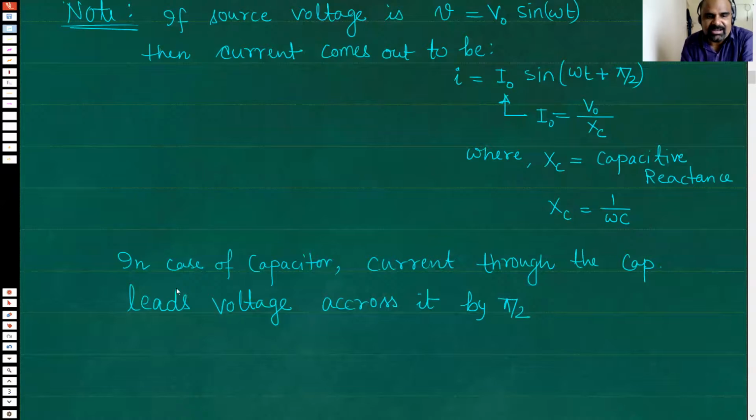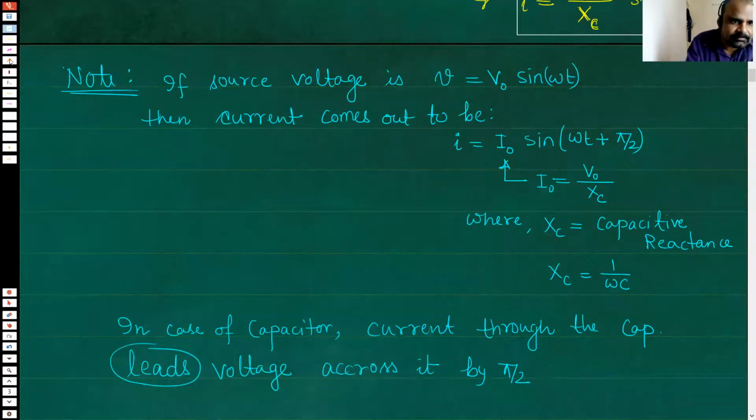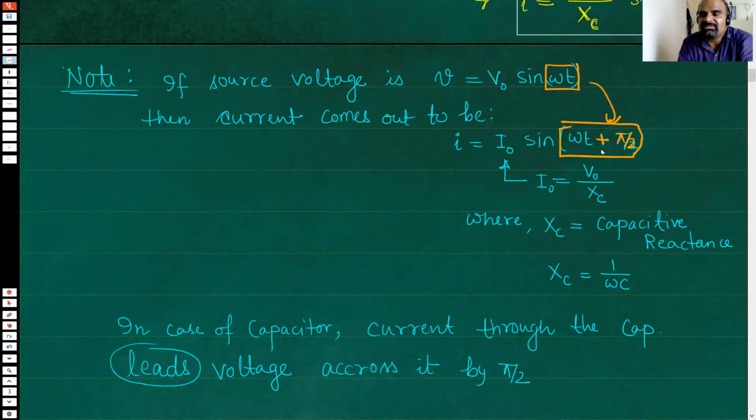Now, what do you mean by leads? See, for voltage, what was the phase angle? It was omega t. For current, what is the phase angle? Omega t plus pi by 2. So it is greater than omega t by pi by 2. So we can say that current leads the voltage.